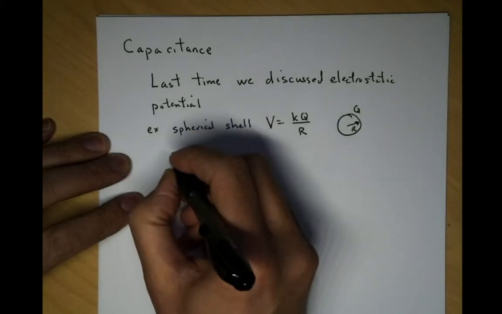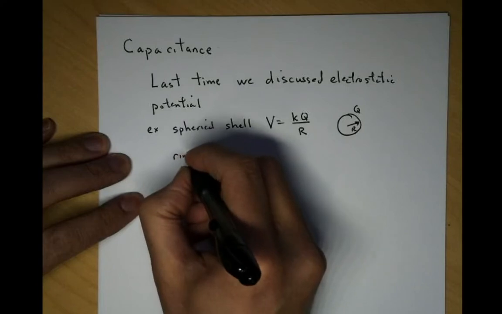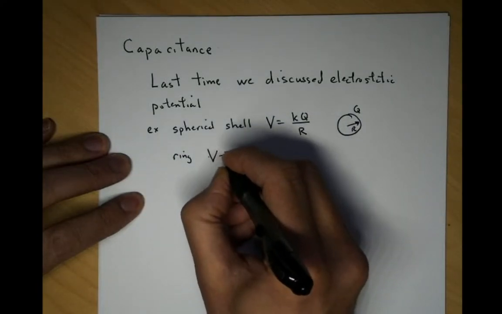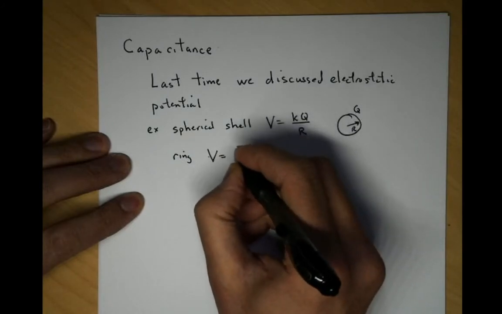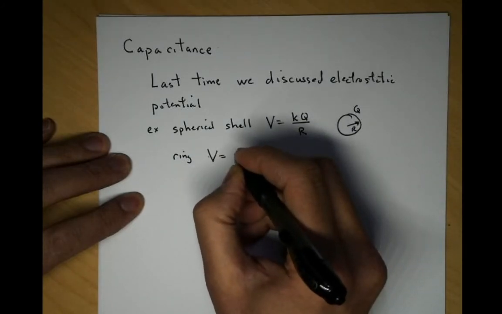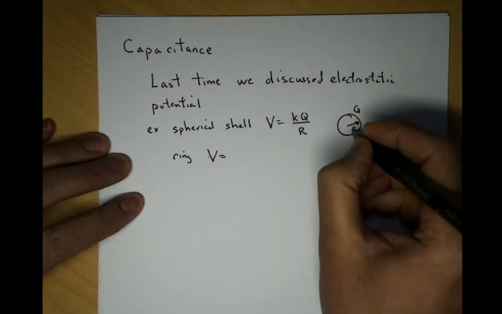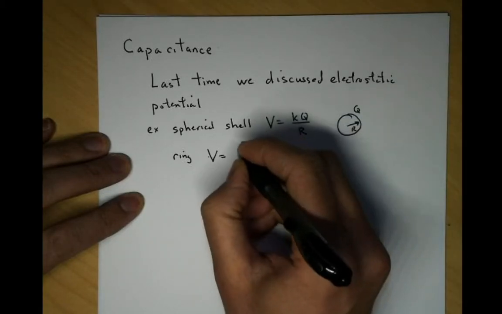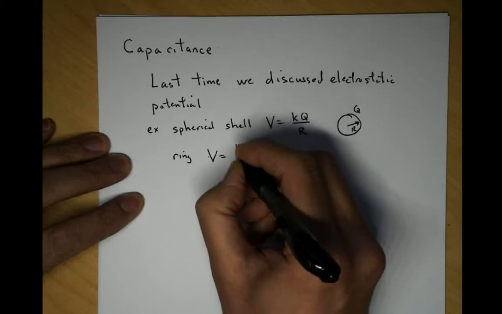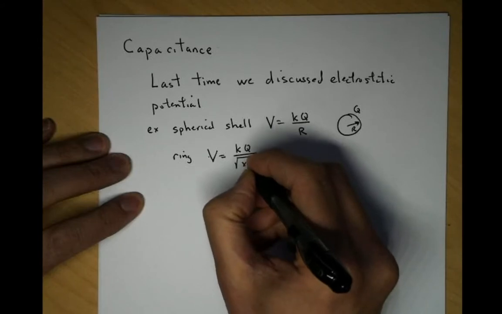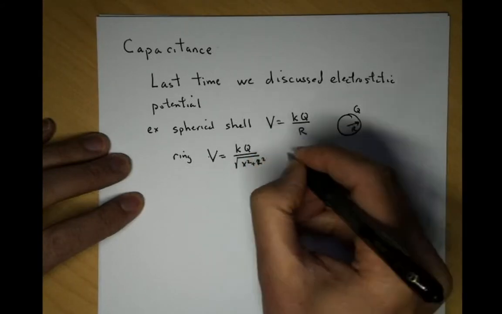Then the second example might be a ring. This is V is equal to K Q over square root of X squared plus R squared.